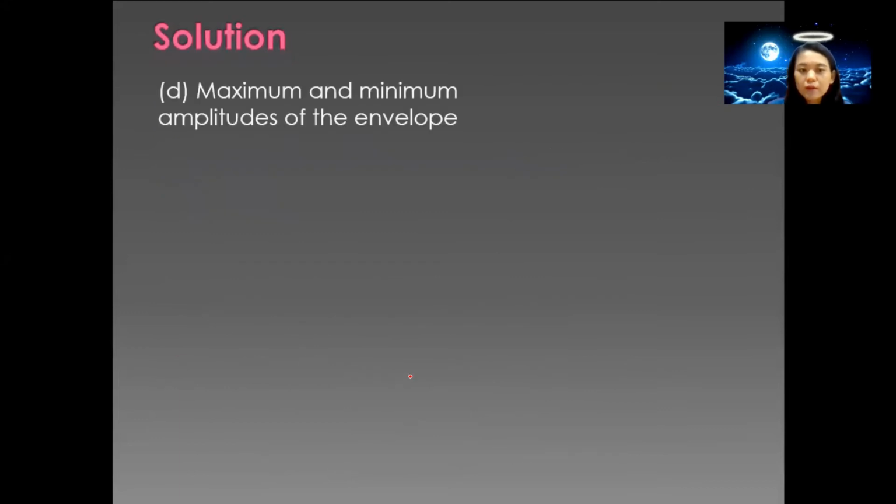How do you want to find that? You still remember the maximum envelope is V maximum equals EC plus EUSB plus ELSB. So we have the value of EC, we know it's 20, but we don't have the value for EUSB and ELSB.